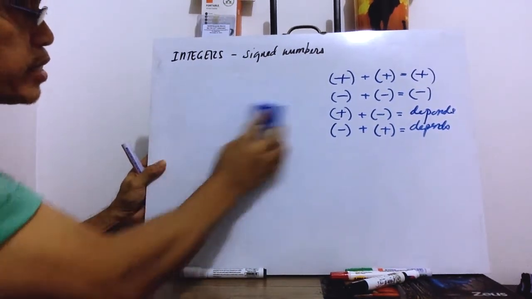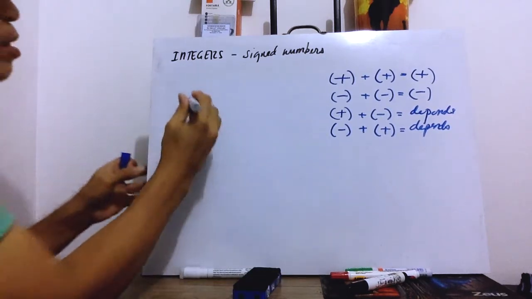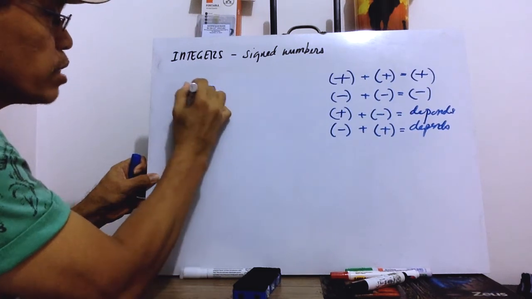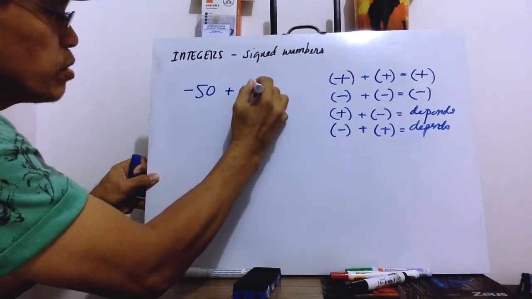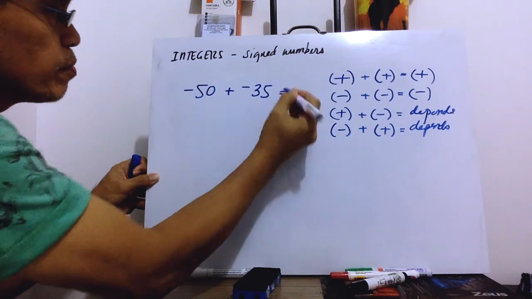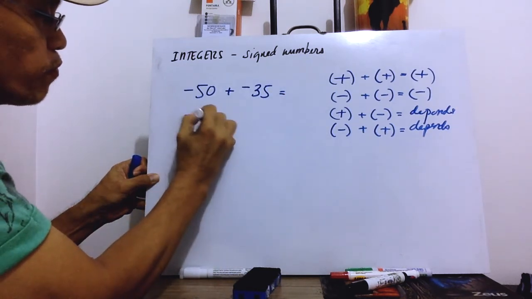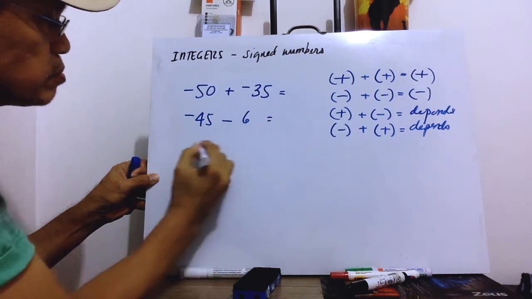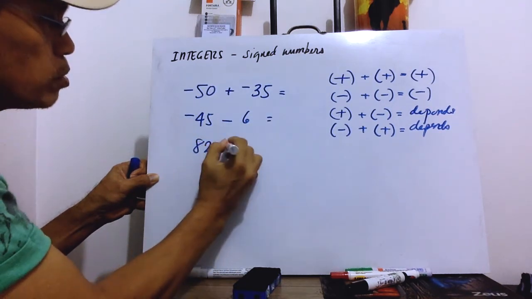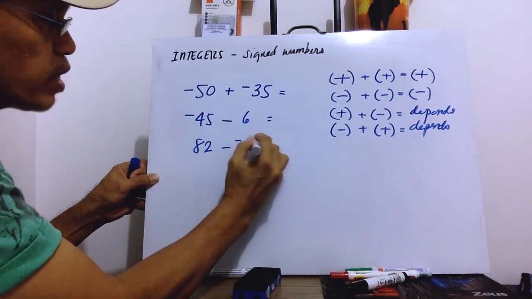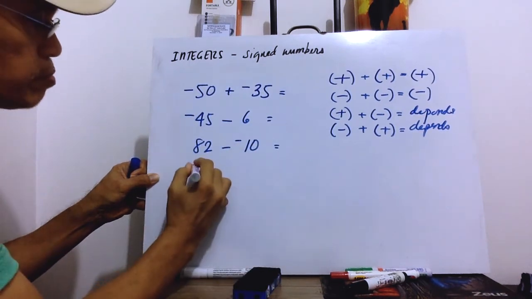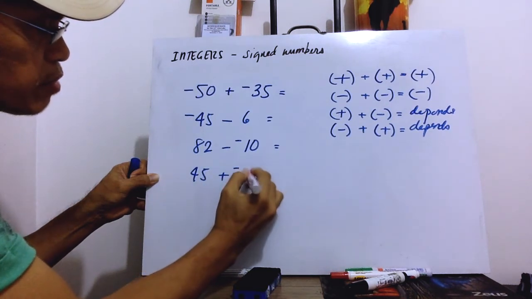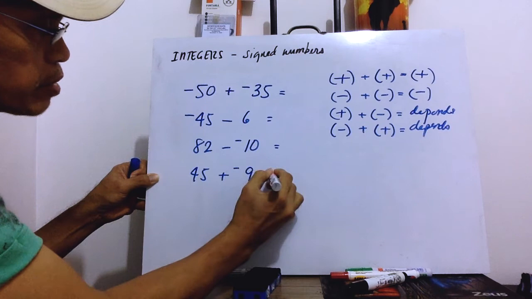Let's have more exercises. Let's say negative 50 plus negative 35, negative 45 minus 6, 82 minus negative 10, 45 plus negative 9.